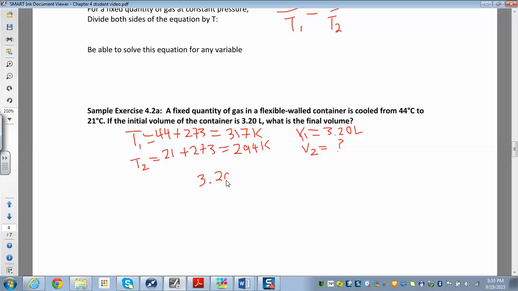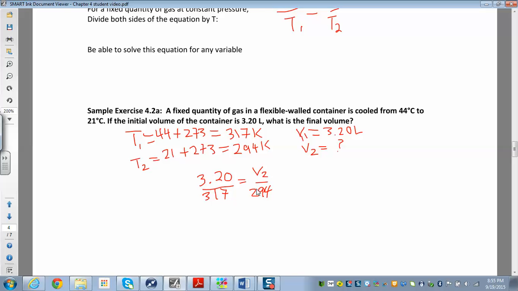So V1, and it really doesn't matter what you're calling 1 and 2, just as long as this temperature goes with that volume and this temperature goes with that volume. The 1 and the 2 don't really matter, just as long as this temperature is with that volume. So I have volume over temperature, 3.2 over 317, is equal to volume 2, that's what we're looking for, over this temperature, 294.